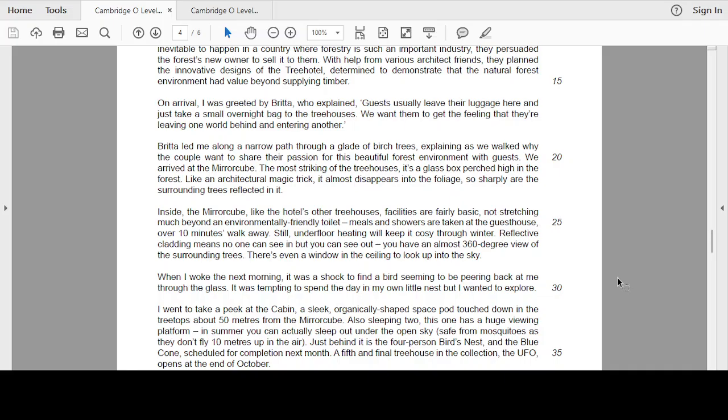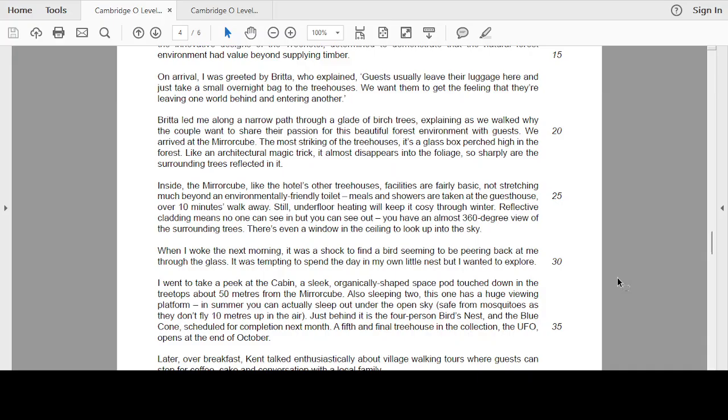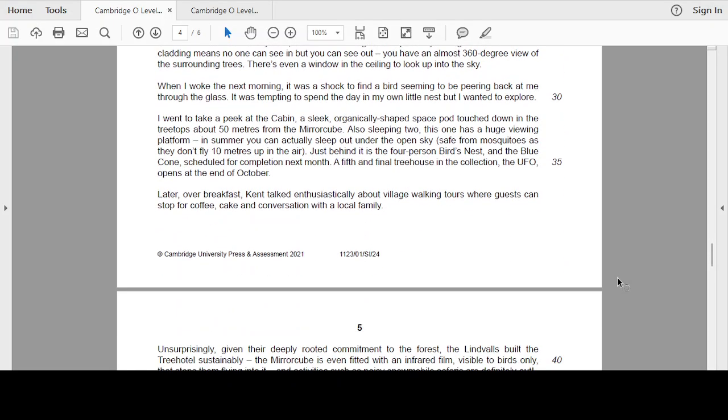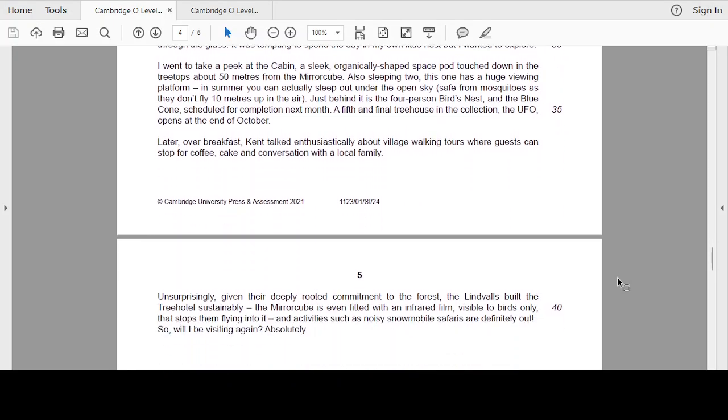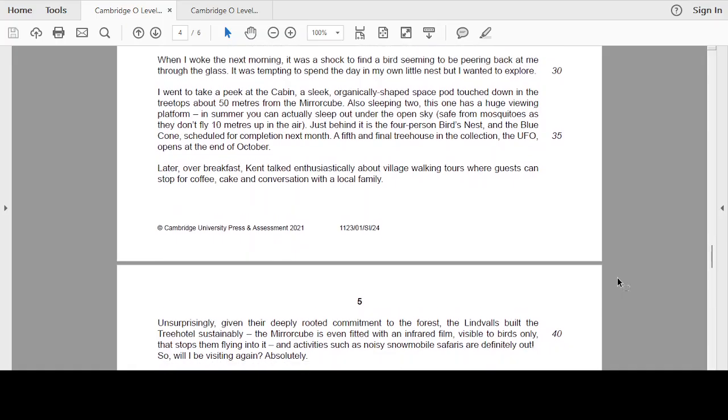All right, I'm scrolling further. Yeah, that's all of it. So just get done with this and we can move towards attempting the summary.